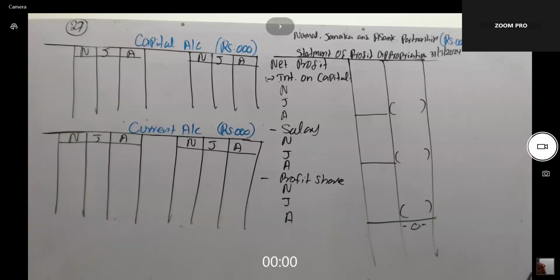Capital account 3 columns, current account 3 columns. Right now, record the given balances. Net profit is also given. Therefore, first one, record the given balances: current account balance and capital account balance.